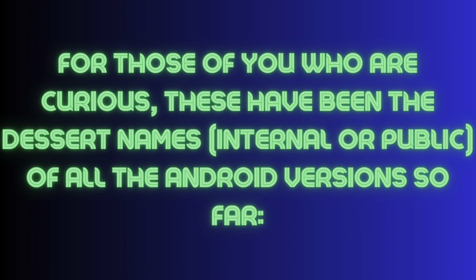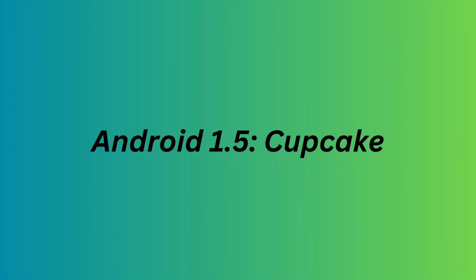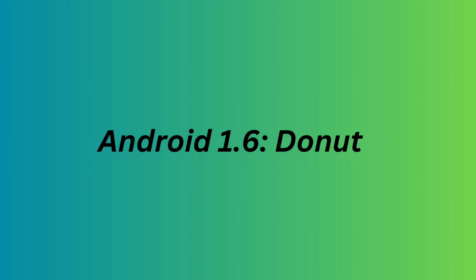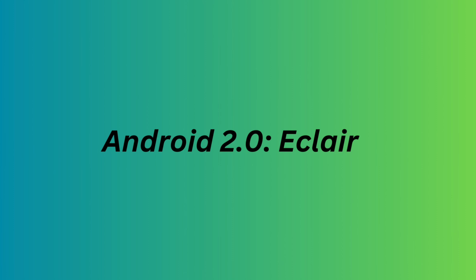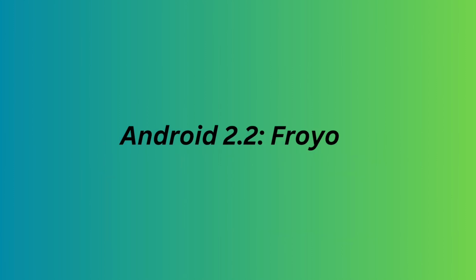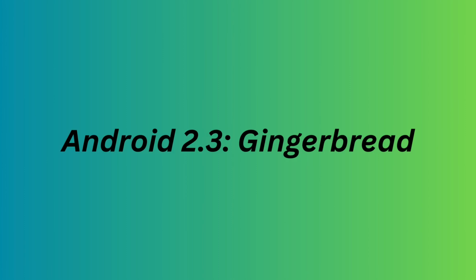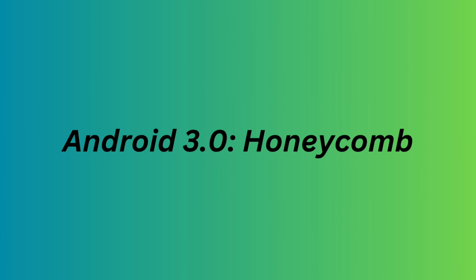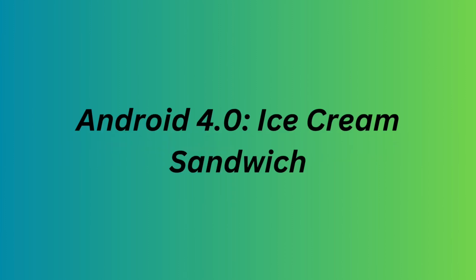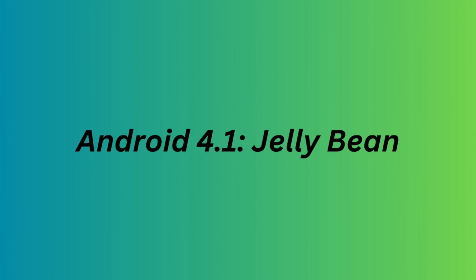For those of you who are curious, these have been the dessert names, internal or public, of all the Android versions so far. Android 1.5, Cupcake. Android 1.6, Donut. Android 2.0, Eclair. Android 2.2, Froyo. Android 2.3, Gingerbread. Android 3.0, Honeycomb. Android 4.0, Ice Cream Sandwich. Android 4.1, Jelly Bean. Android 4.4, KitKat.